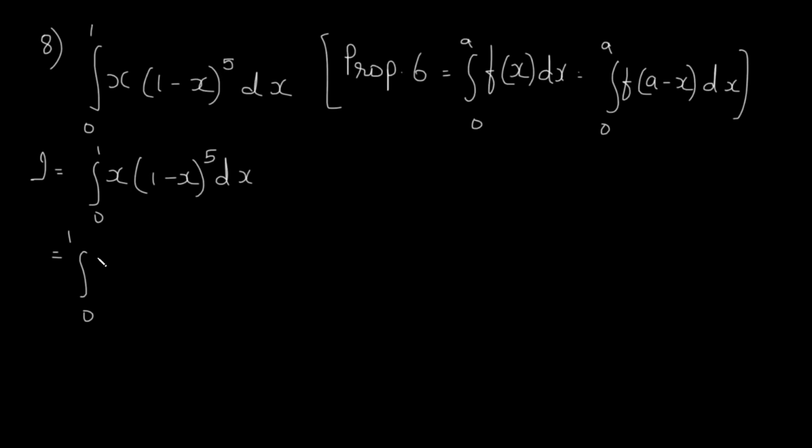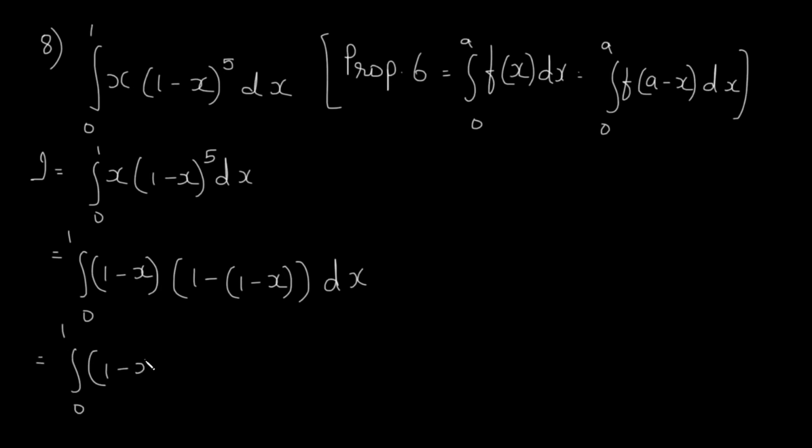So we get 1 minus x into again 1 minus (1 minus x) dx. Thus the integral becomes the integral from 0 to 1 of (1 minus x) into, now 1 and minus 1 we can cancel, minus and minus x we get only x, raised to 5. So x raised to 5 dx.